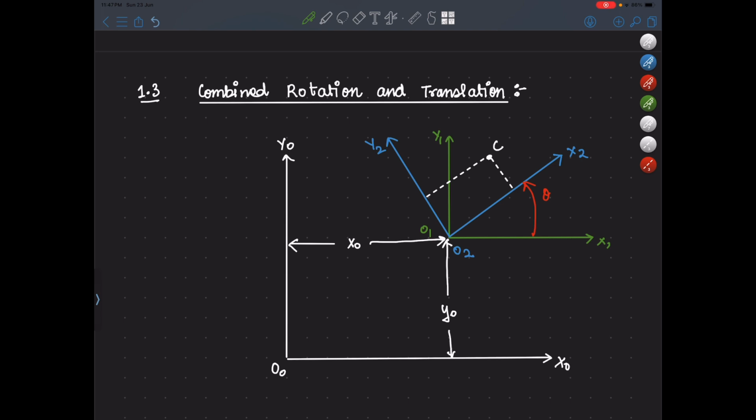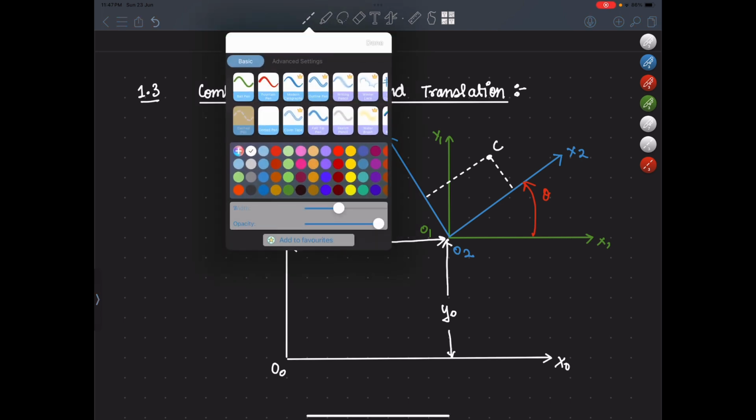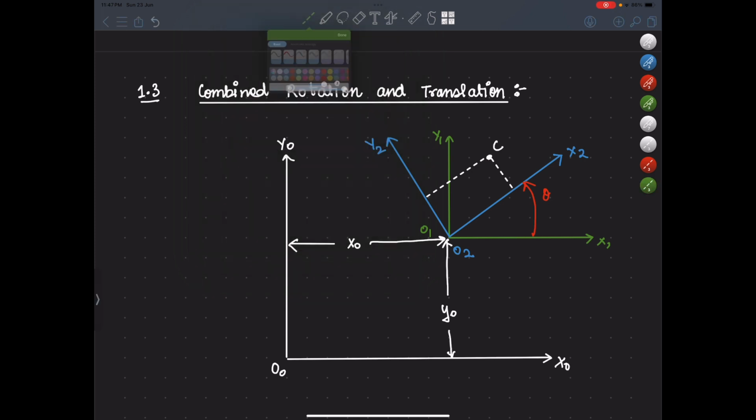Now let me use a dotted line. Let this represent xc1, and this represent yc1.